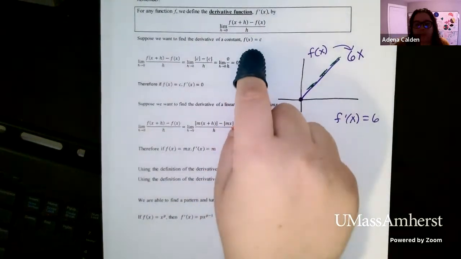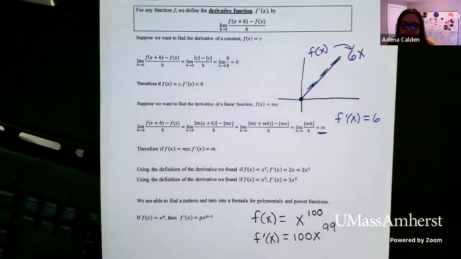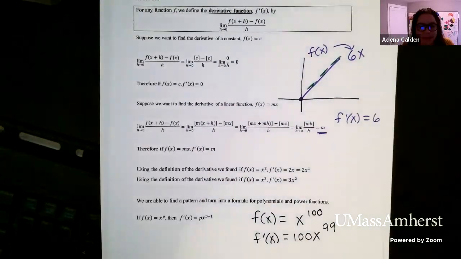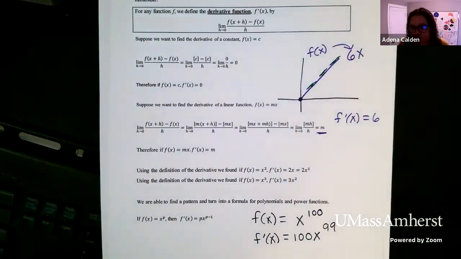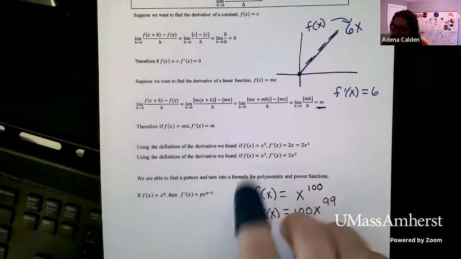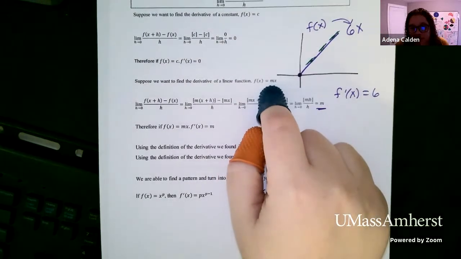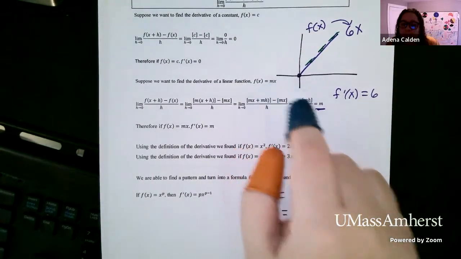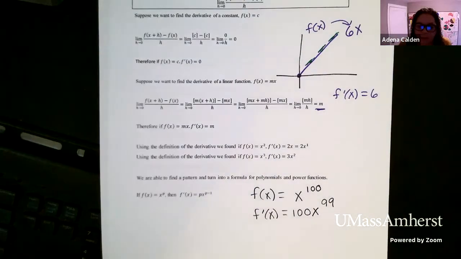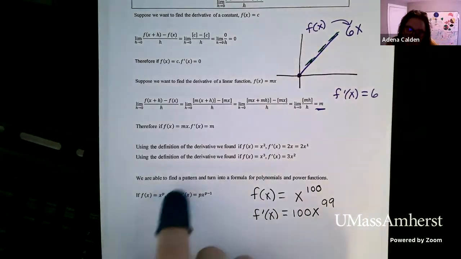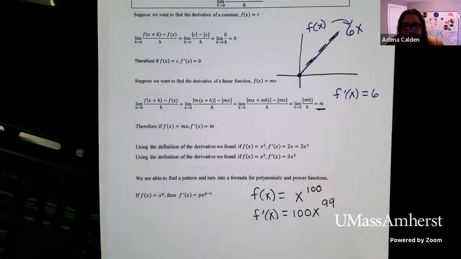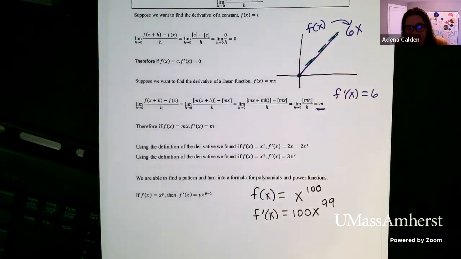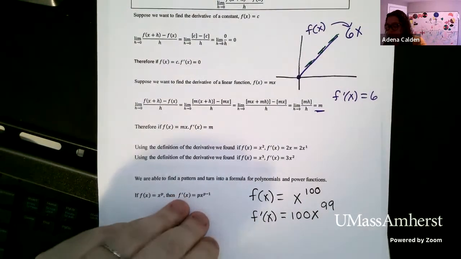So the first one, if you have a function that's just a constant, so f of x equals 10, f of x equals 20, the derivative is going to be 0, okay? If you have a function that is linear, a linear term, the derivative is just the slope of that line. If you have a function, x raised to some power p, the formula we use is px to the p minus 1. So these are the 3 formulas we're going to start with, okay?